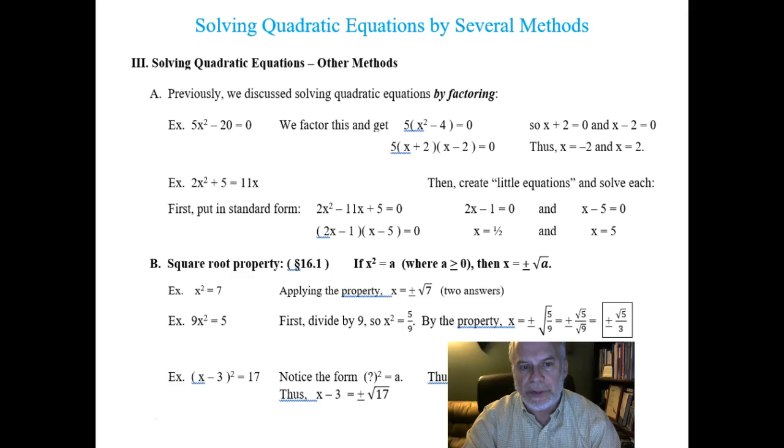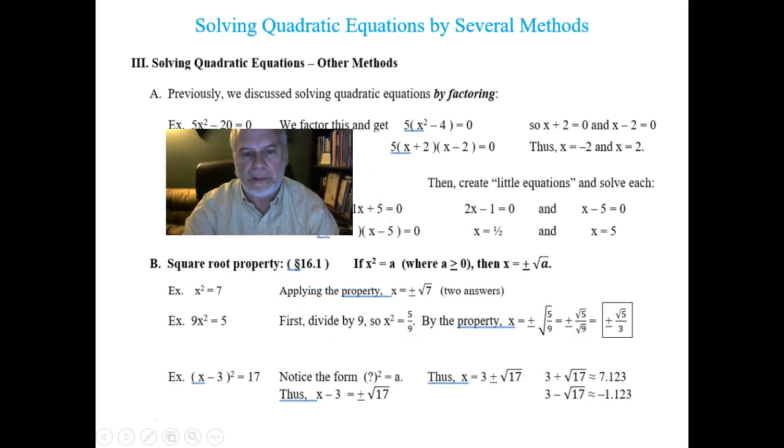So factoring, of course, is not the only way to solve a quadratic equation. There are some other ways. And one way is called using the square root property. What is the square root property? Well, it basically says that if you have x squared equals a number, where a is greater than or equal to 0, then x would be plus or minus the square root of a.